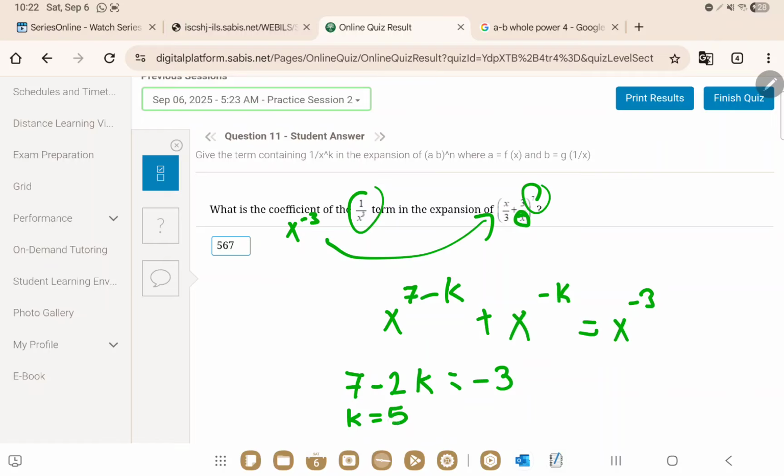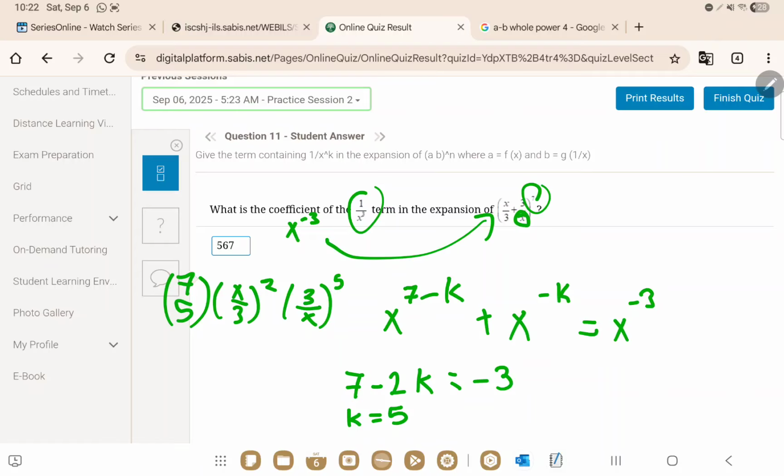Now we substitute 5. So it is 7c5 into x over 3 to the power of 7 minus 5 is 2 into 3 over x power 5.